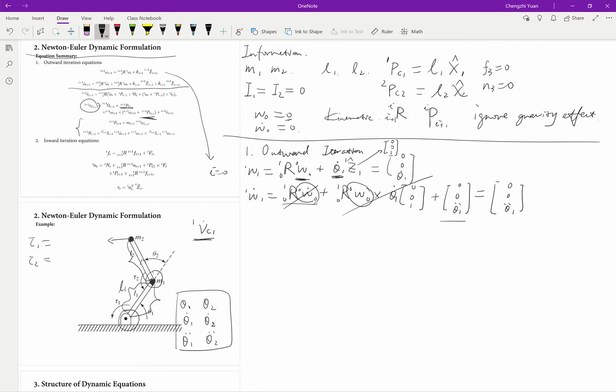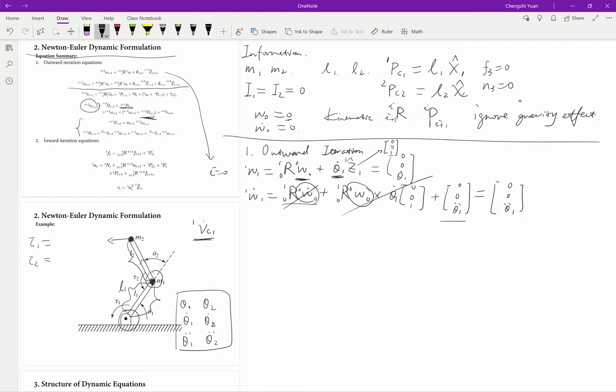If you want to see how to deal with gravity, you may want to look in the textbook. But what I'm going to say here is that the gravity effects cause just very minor changes to the results we're going to derive here. So this is the angular velocity and angular acceleration for joint 1.